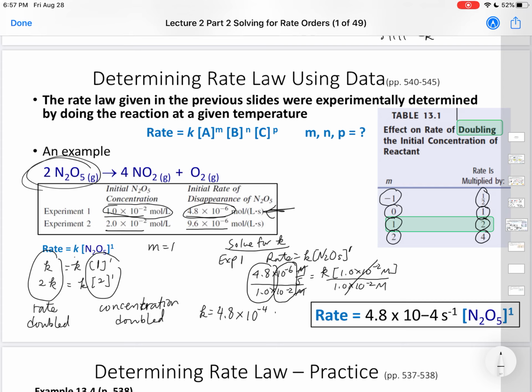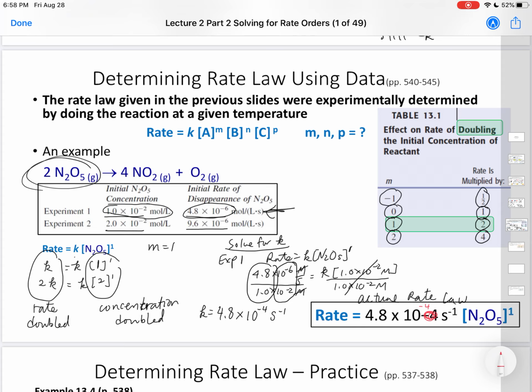My molarity cancels out, so I am at 1 over seconds, or seconds to the minus 1. Okay? So the actual rate law is going to be in this box here. 4.8 times 10 to the minus 4 seconds to the minus 1, and we know m is equal to 1, so it's N2O5 to the first power.